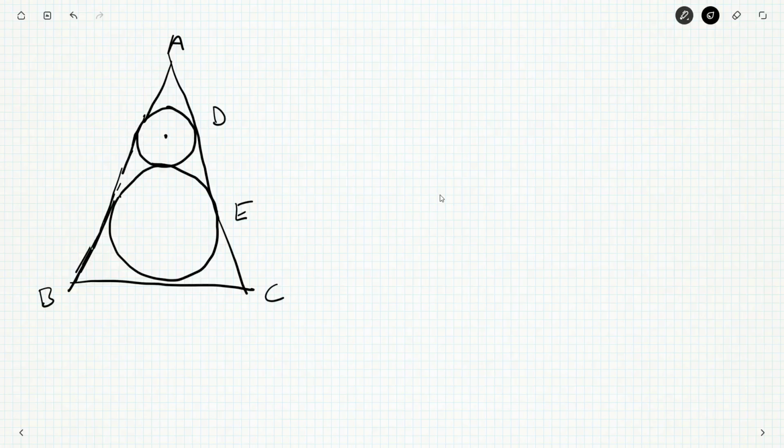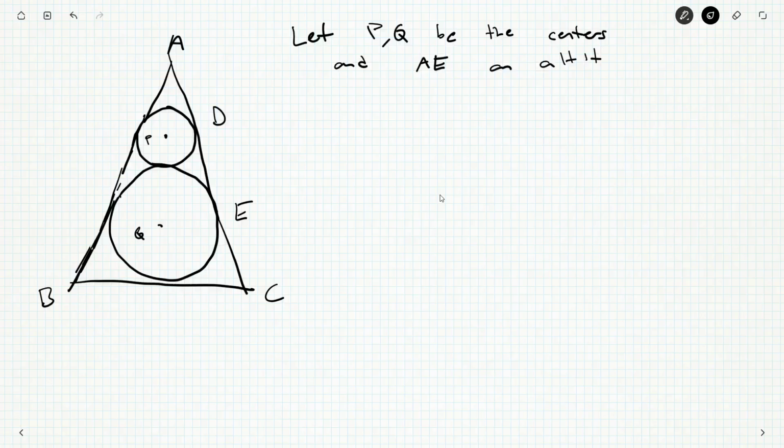I'm going to call the centers of the circles P and Q. So we start off by saying let P and Q be the centers, and AE an altitude of the triangle, because AE is going to go right through these centers.